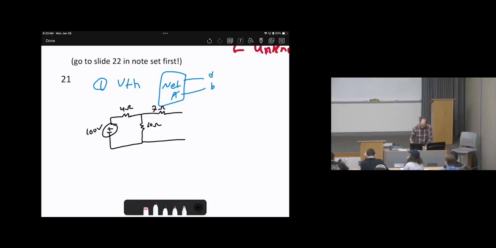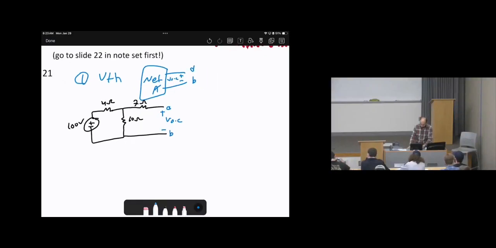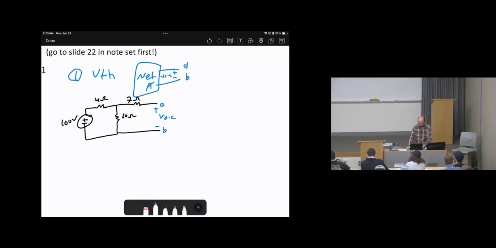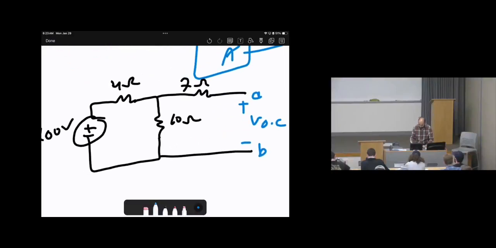Now, my target is to calculate, across the terminals A and B, the voltage V open circuit. That's the open circuit test. We need to calculate V open circuit across terminals A and B. How can I do it? Look at the circuit, just forget about Thevenin now, it's just an equivalent circuit. Solve the circuit.